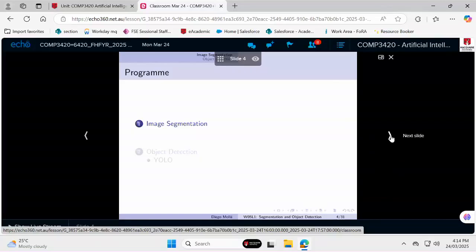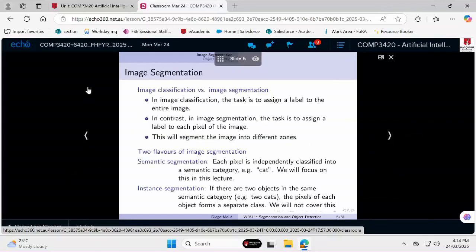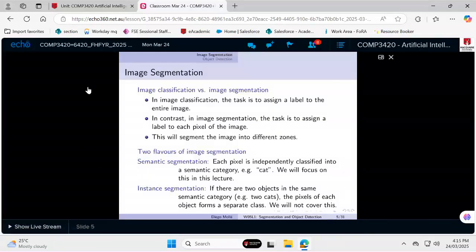So image segmentation. In contrast to image classification, the task now is going to be to label every pixel of the image. It's going to be as many labels as pixels in the image. So image classification is basically one label for the entire image, one or multiple, depending on whether it's multi-label or single label.